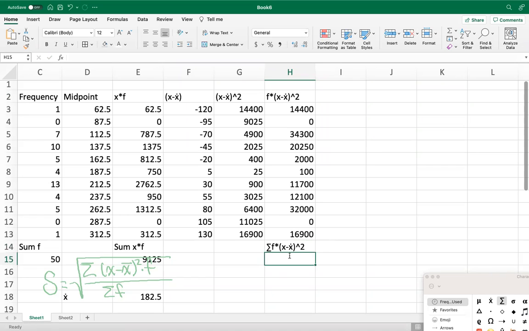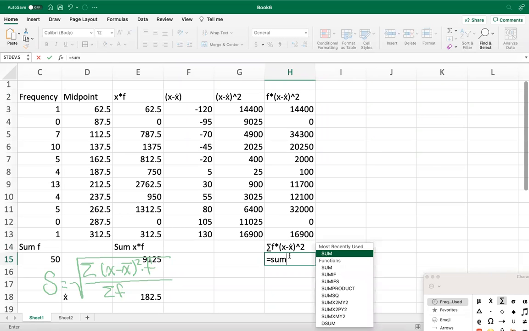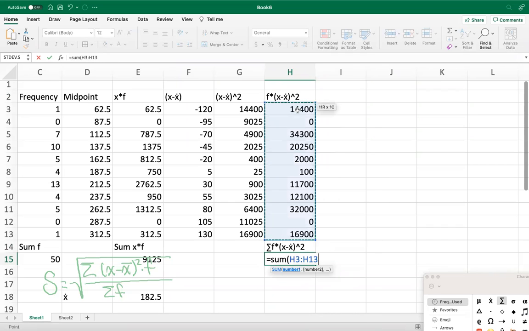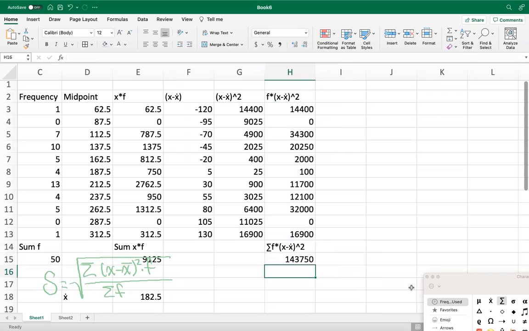So this is going to be equal to the sum of these values here. And we also need the sum of the frequencies. Ooh, but we already have the sum of the frequencies. And it's kind of bothering me that we don't have the summation sign there, and a summation sign here too.